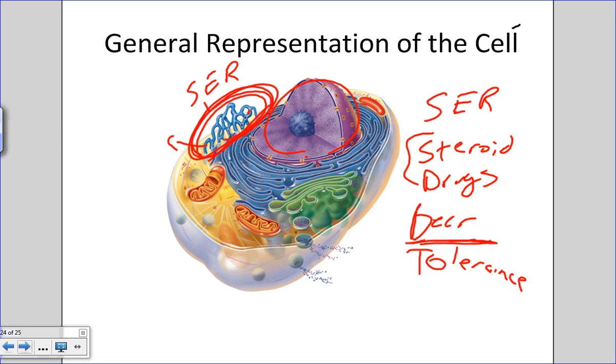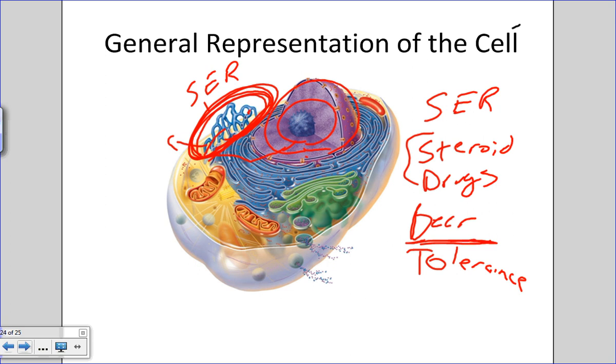You're much better at it, and that's why a person has to drink more to get whatever you're trying to get out of the booze. If we need to make that adaptation, the DNA within the nucleus is going to allow that to happen, because all we have to do is make the right code to make the right proteins, and then we create more smooth endoplasmic reticulum, more enzymes within that ER, and then we can handle that.